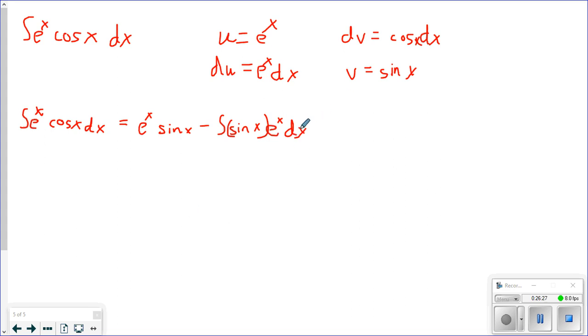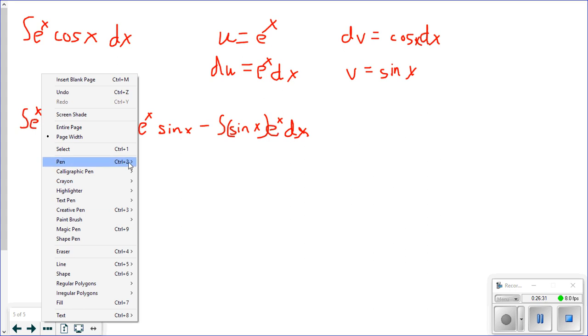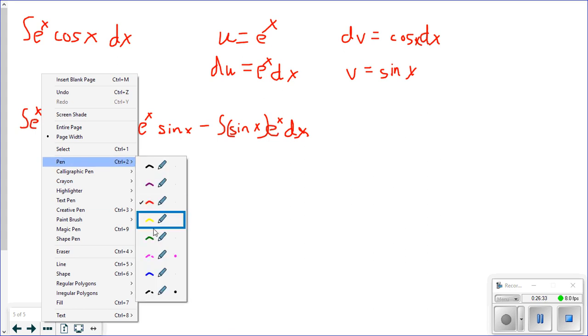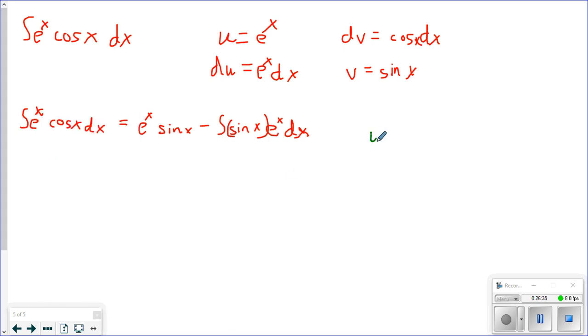But that looks like an integral that we don't know how to do. So we're going to need another integration by parts here. So we'll let u equal, again, the exponential, e to the x, du equals e to the x dx.